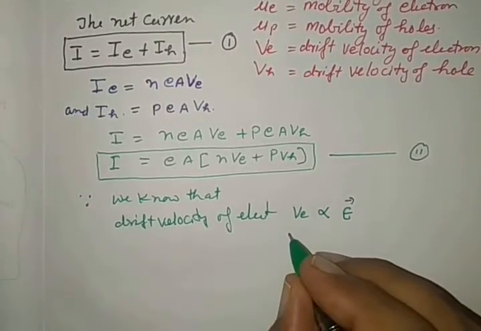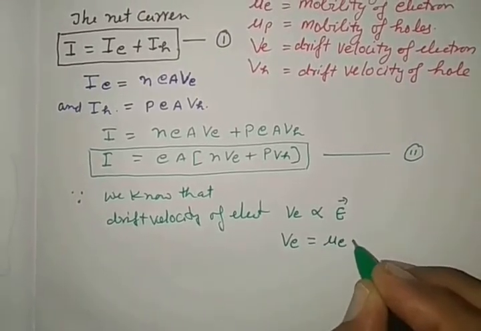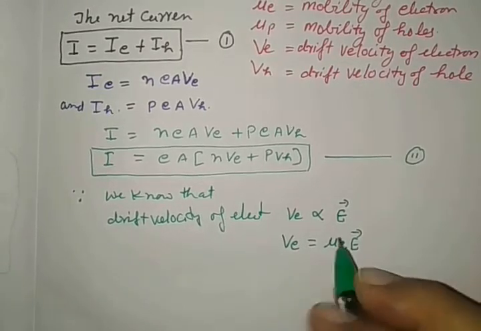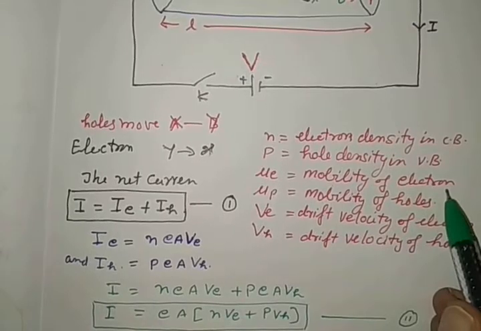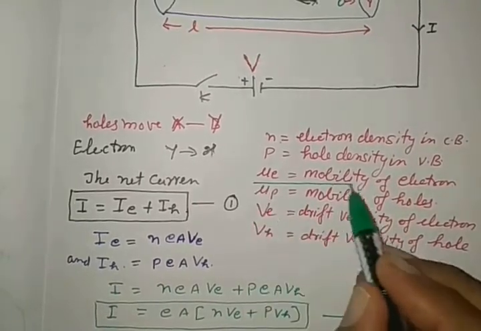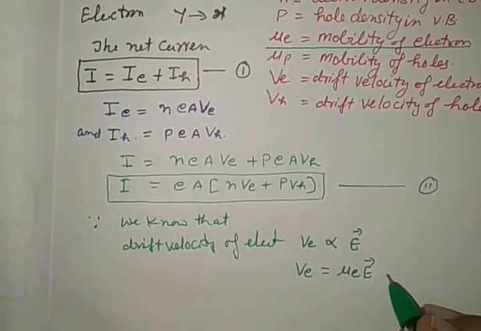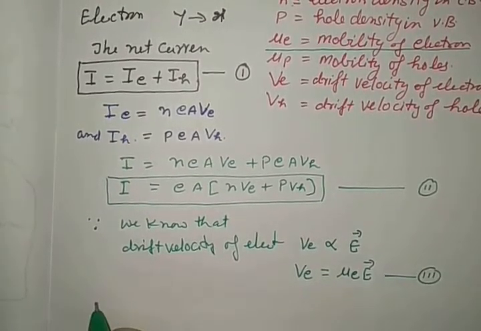Mathematically, V E equals a constant mu E times capital E. This mu E is called the mobility of electrons, equation number 3.